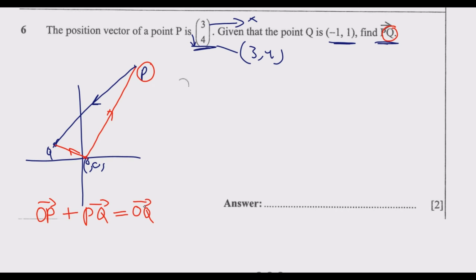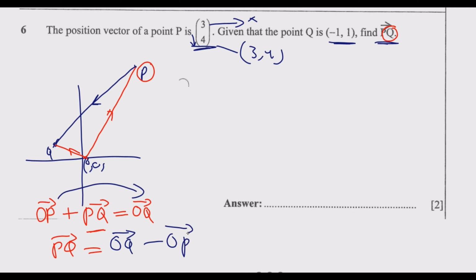So you've seen this? These are the two possibilities of getting to Q. But we are looking for this. So to find PQ, to move from P to Q, I just need to take this side. So now it becomes OQ minus OP. That's what I need to do.